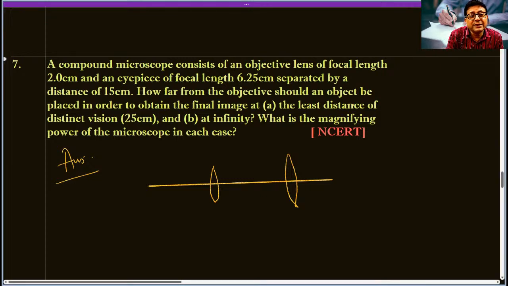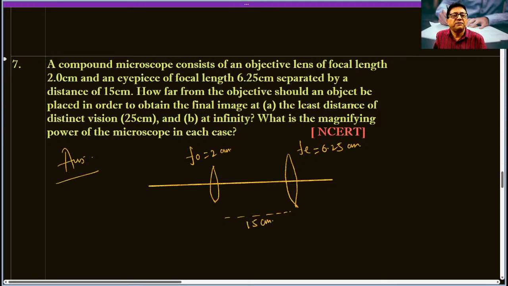This one is the objective lens, 2 centimeter, this is the eye lens, and their separation is 15 centimeter. How far from the objective lens should an object be placed in order to obtain the final image at the least distance of distinct vision?